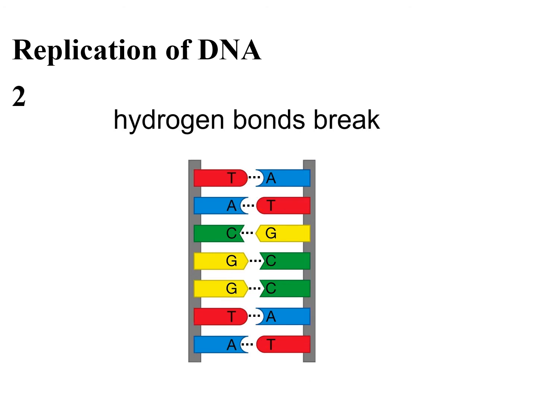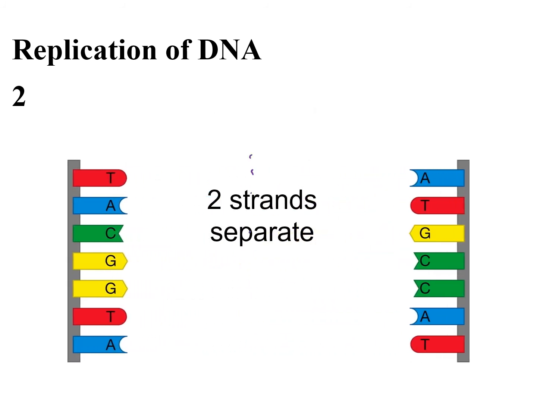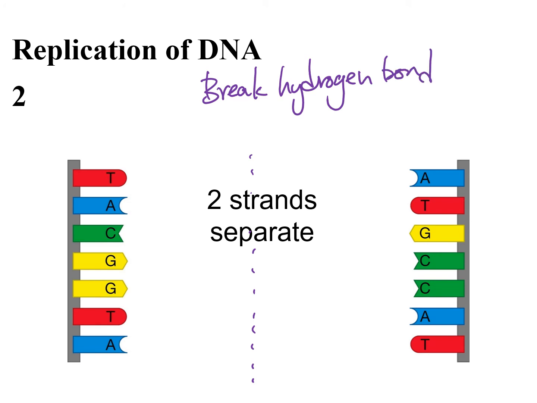When DNA replication starts, the hydrogen bonds in the very middle of the DNA will break. The hydrogen bonds are broken, and then the two strands will go to the left and right and separate.